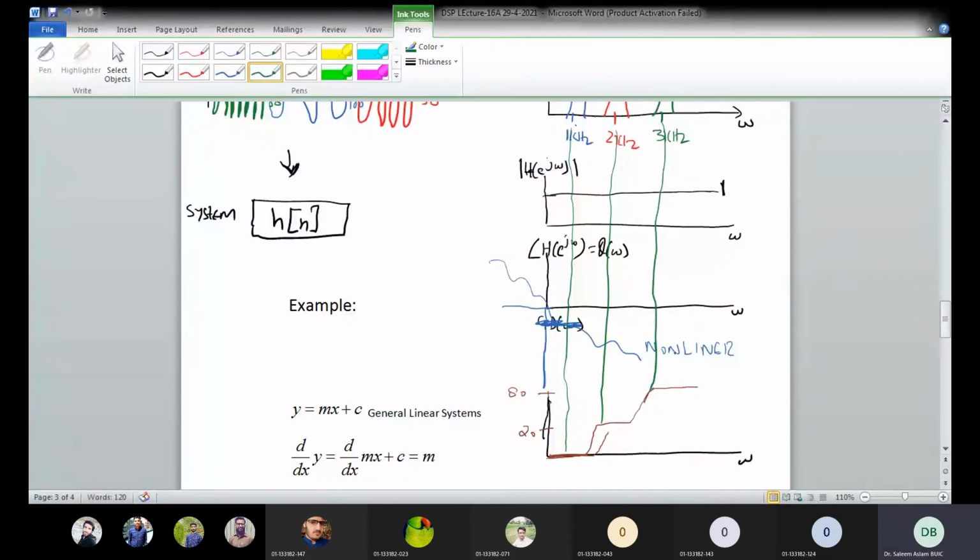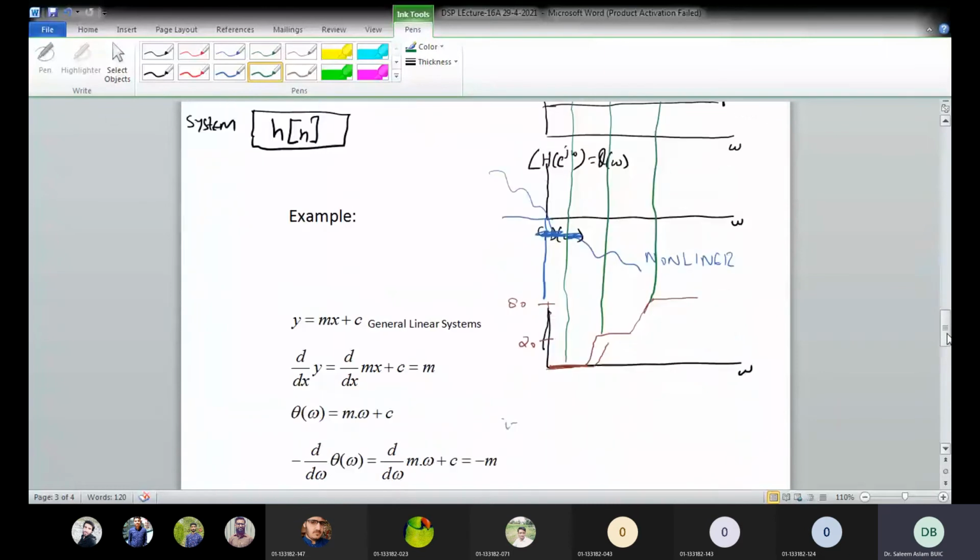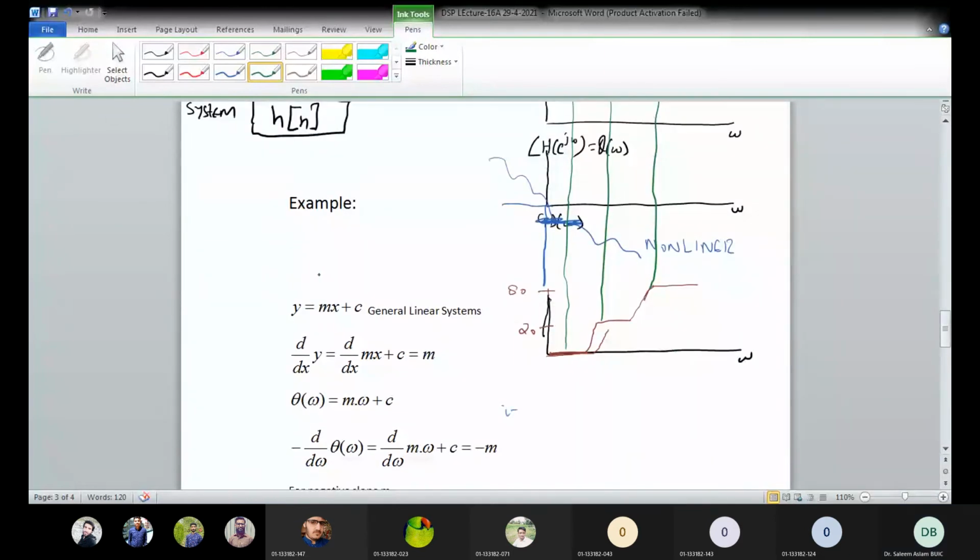This is how we read this. So let me write this: group delay of 1 kilohertz is equal to 0, group delay of 2 kilohertz is 20, and group delay of 3 kilohertz is 80.